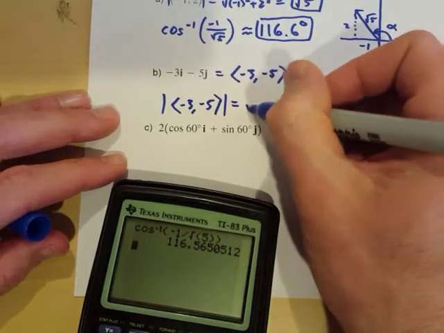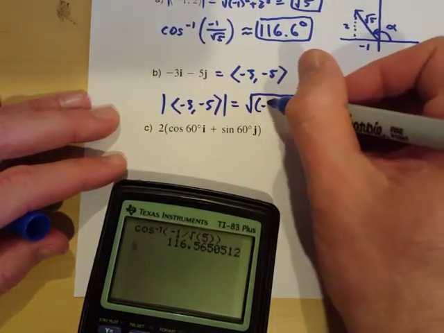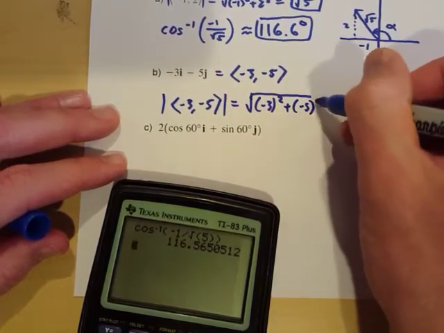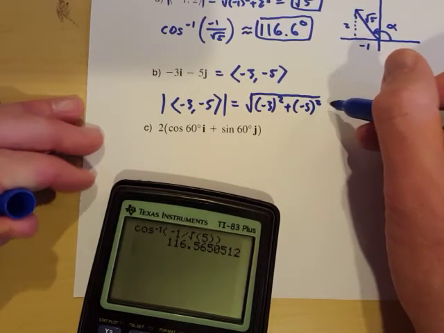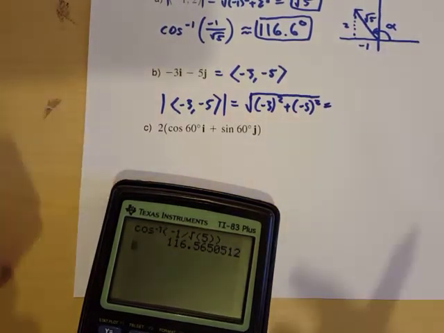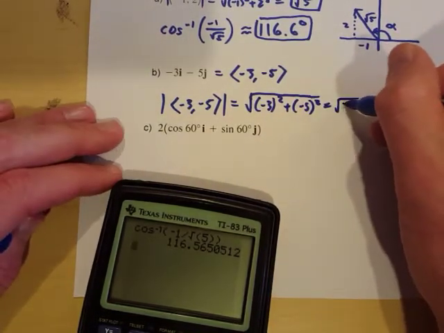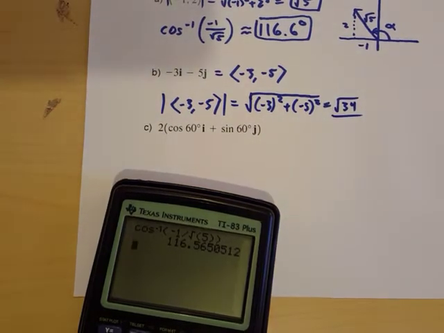So that's going to be the square root of -3 squared plus -5 squared. And that will simplify to, so we've got 9 and 25, so that'll be the square root of 34.